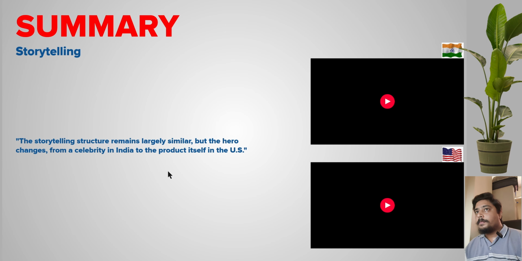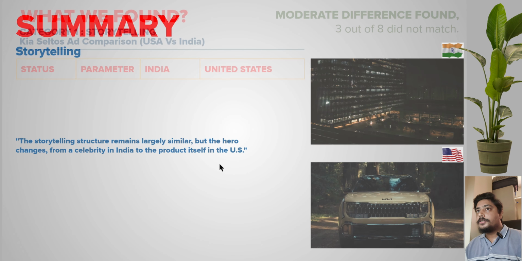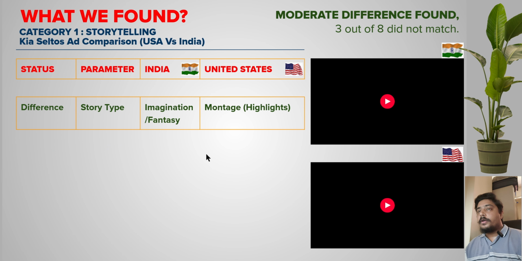So let's see what parameters we have here in the storytelling section. What kind of story type was used in the American ad and in the Indian ad? The Indian ad was mostly imagination and fantasy.